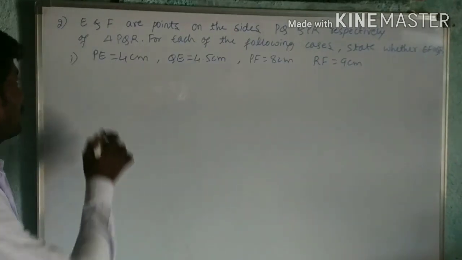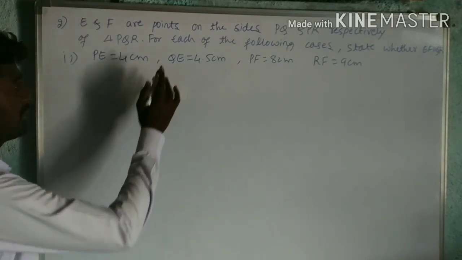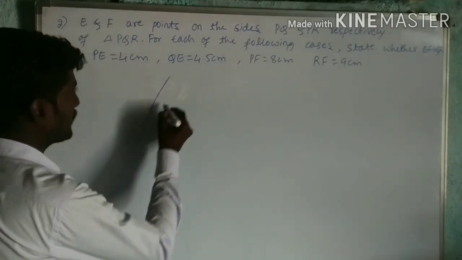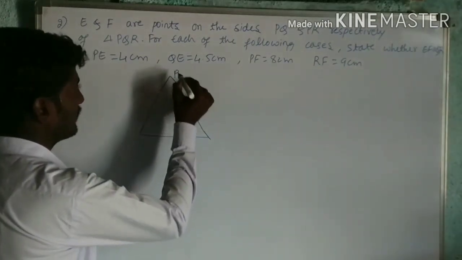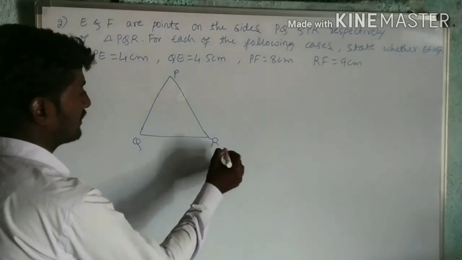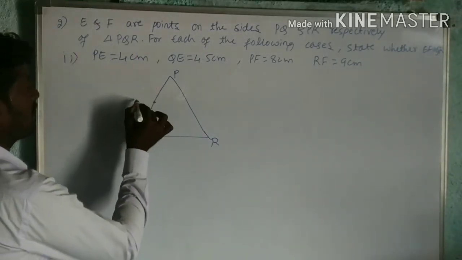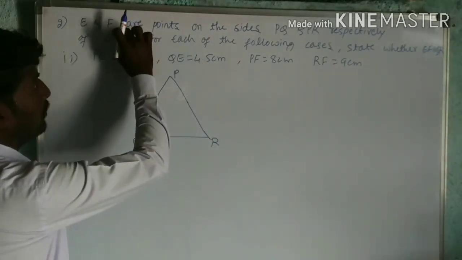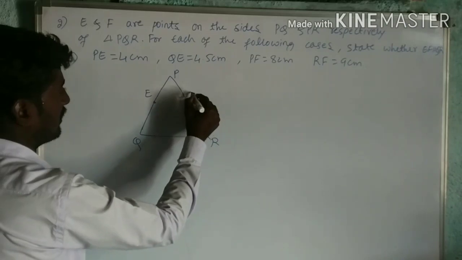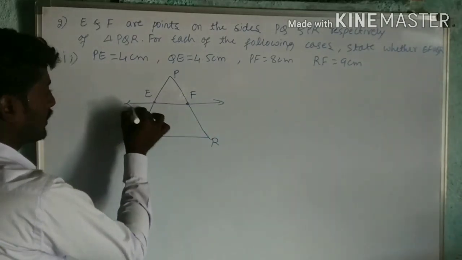Now the second one. Again take a triangle PQR. On PQ point E is there, and on PR point F. I have to check whether EF is parallel to QR or not.